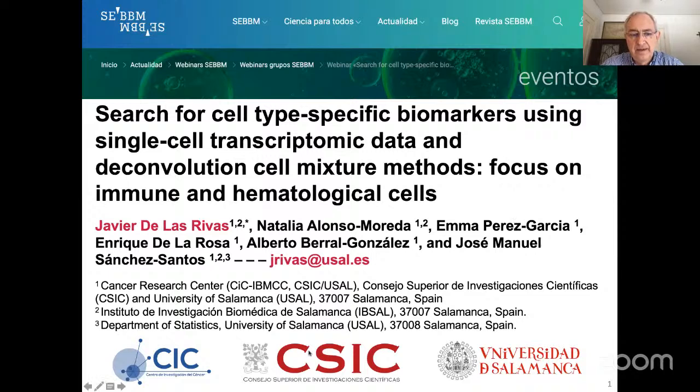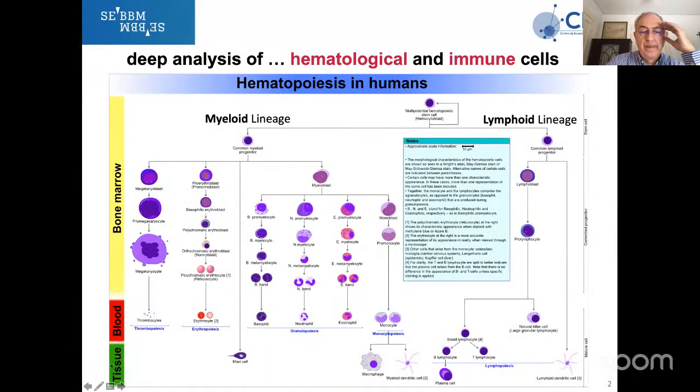Let's see if I can. Okay. So, in our study of the different cell types, we started in a strong collaboration in cancer with oncohematologists and with hematologists, and also in the study of the tumor microenvironment, where all the hematological and immune cells are critical.